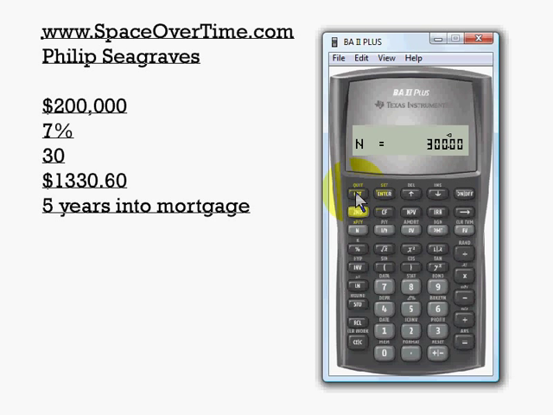And now we're just going to compute the present value. Instead of plugging in the present value of 200, we're going to compute the new present value, which is after 5 years. Compute present value, and after 5 years we still owe $188,263.18.